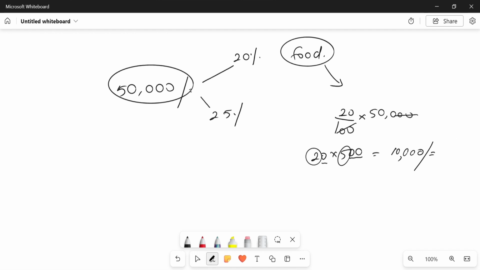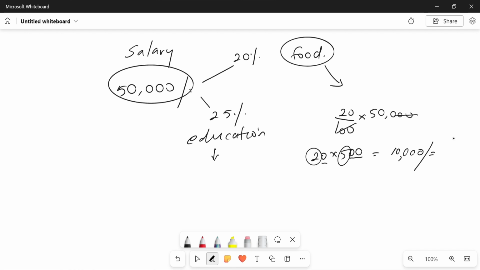Say 25% of the salary is spent for education. He is spending for his children's education 25% of his 50,000.